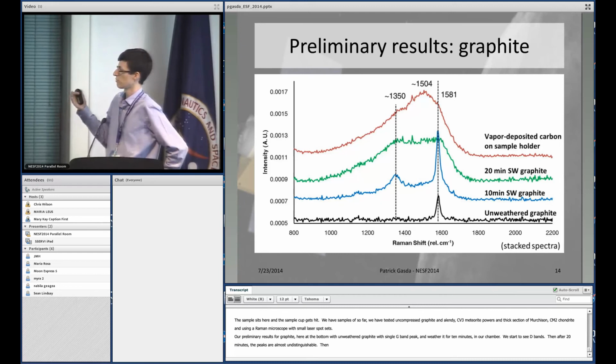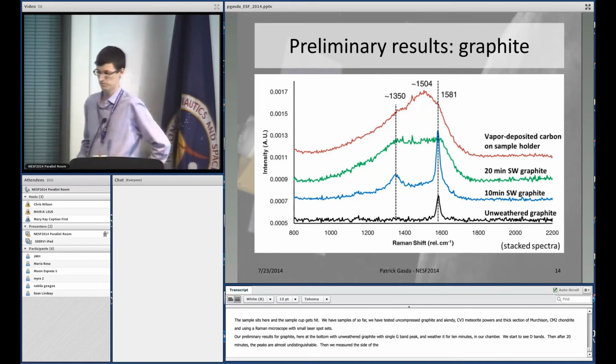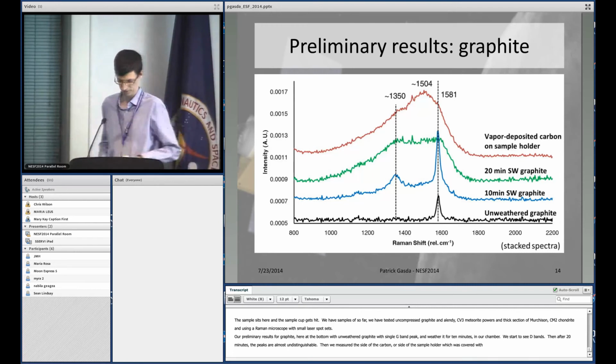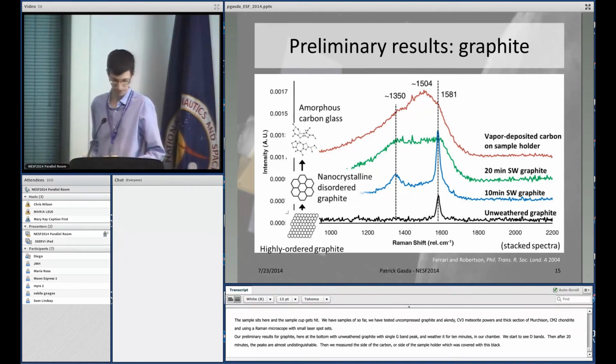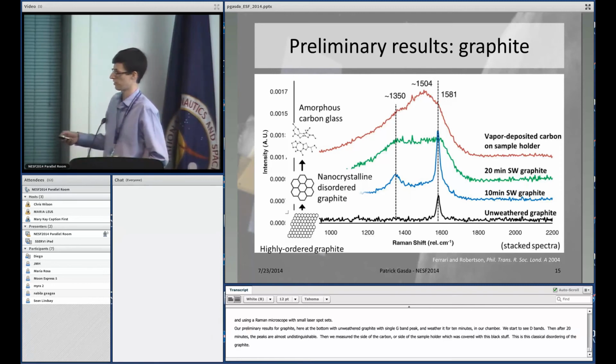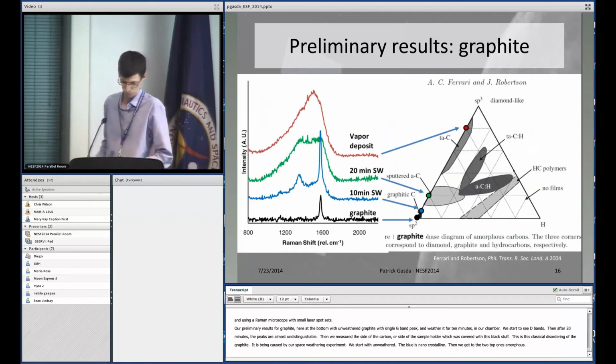Then we measured the side of the sample holder, which was covered with this black stuff, which has that spectrum. So this is essentially the classical disordering of the graphite, and it's being caused by our space weathering experiment. We start here with unweathered, then the blue is nanocrystalline, and the two top ones are amorphous. So they get more amorphous as you go up.